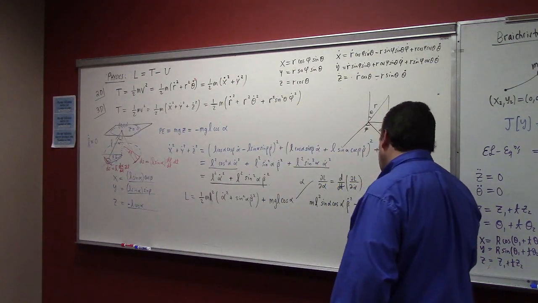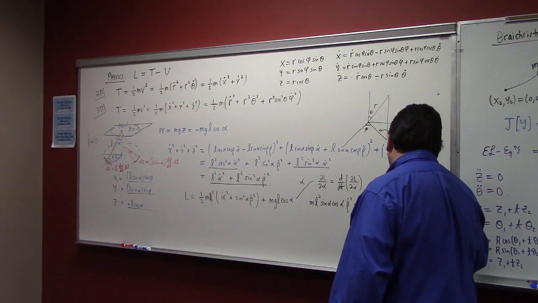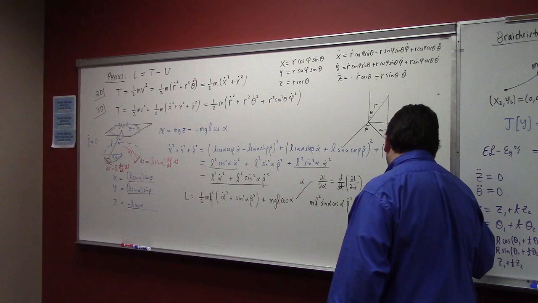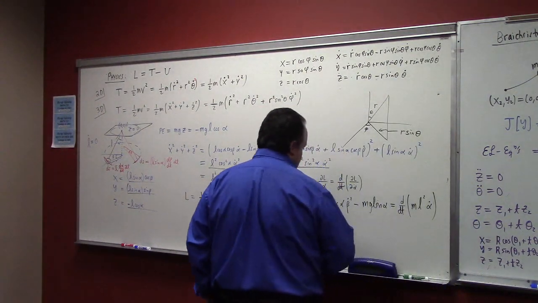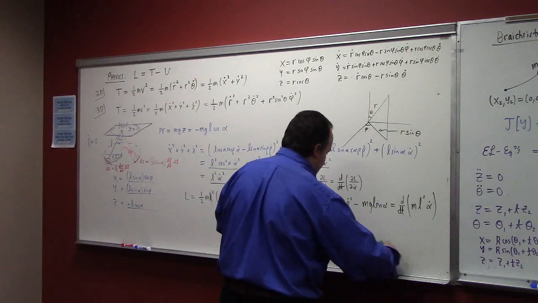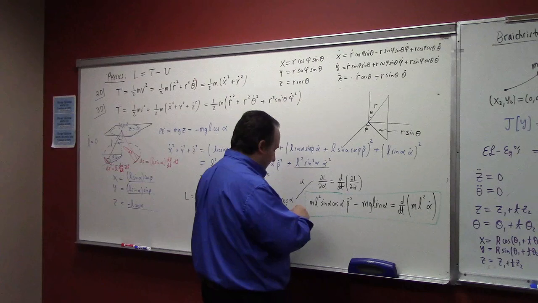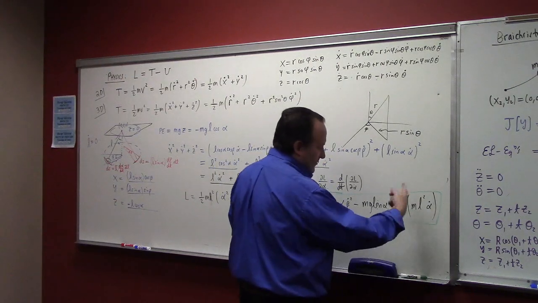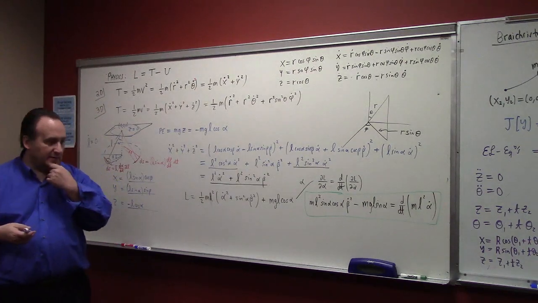So I get an m L squared alpha dot. And the 2 cancels like that, right? And so there's one of the equations which defines the motion of the spherical pendulum. Of course, you could rewrite that as an alpha double dot over here and pull out the mL. And in fact, there's an mL you could cancel across this whole thing, right?